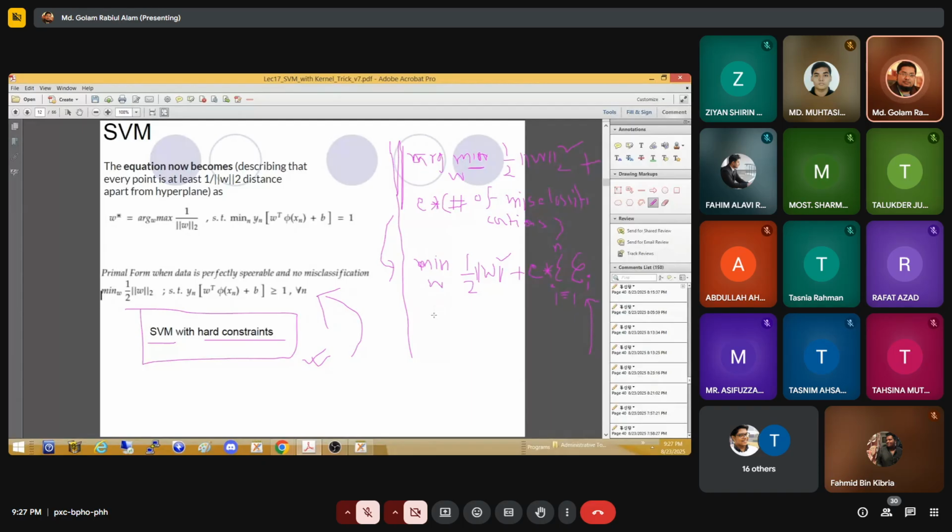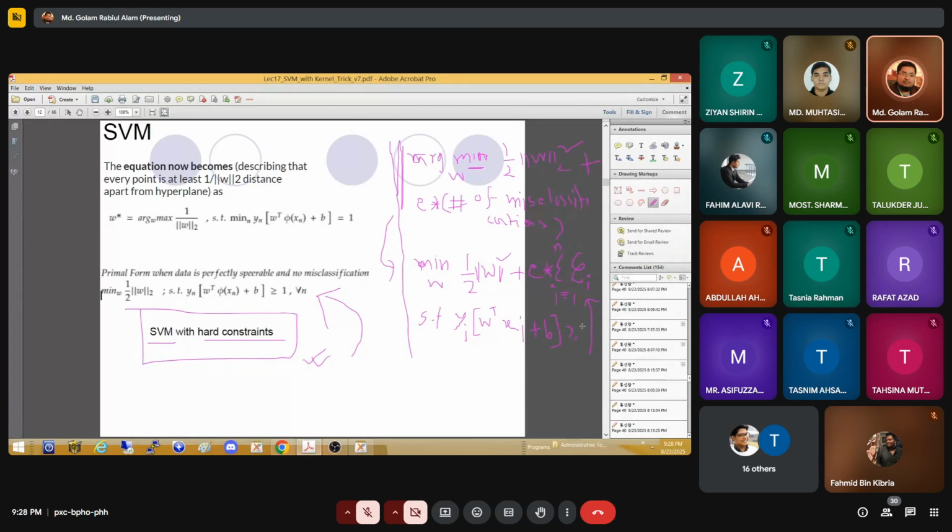Now what we have to change in our constraint, we will change it this way, such that here for each and every value i equal 1 to n, that means yi, and then w transpose xi plus b, this one greater than equal 1.